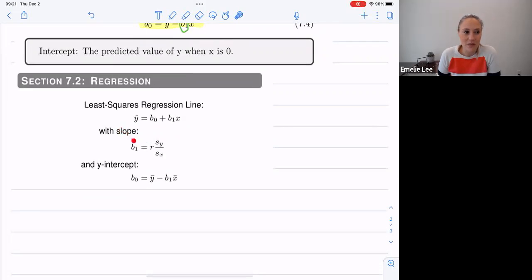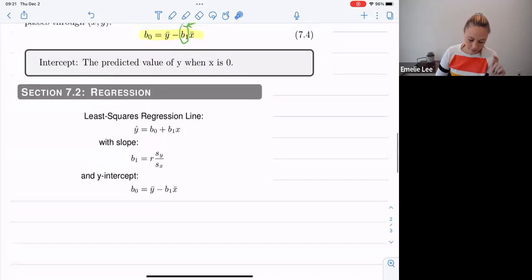I tell you that this is the slope, and here is how we calculate it: it's the correlation times the standard deviation of the y's divided by the standard deviation of the x's. The y-intercept is going to be the mean of the y's minus the slope times the mean of the x's.